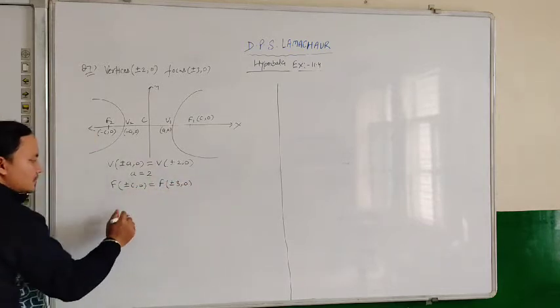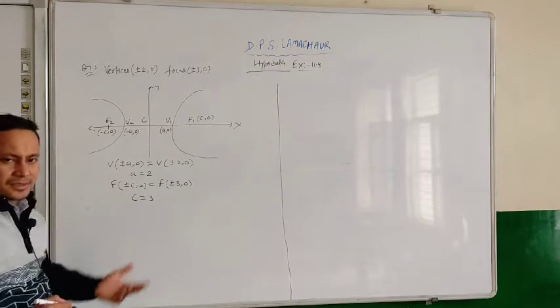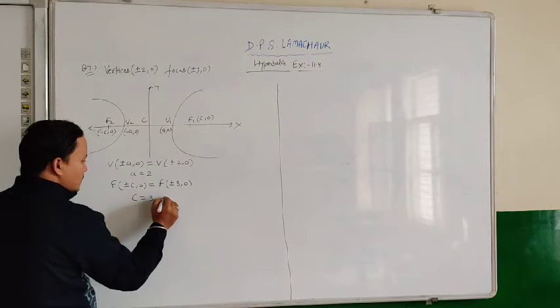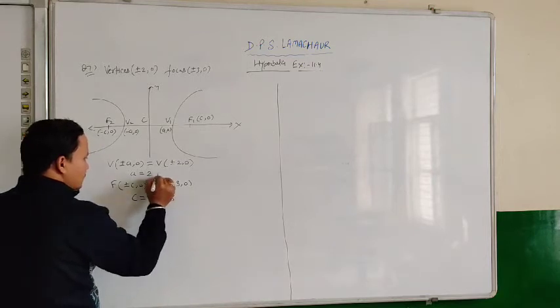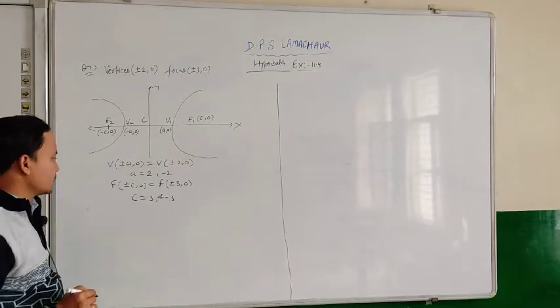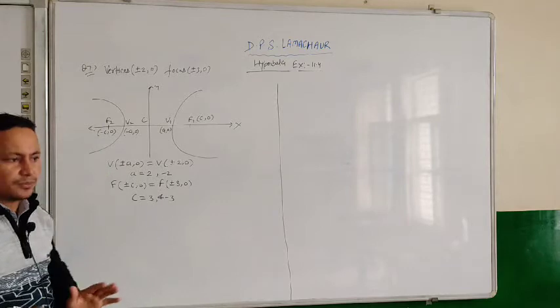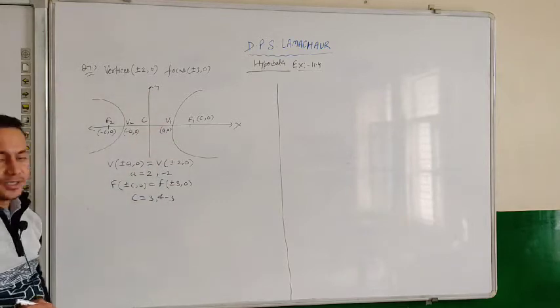So on comparing we get the value of c is 3, plus 3 or minus 3, both you can say. Similarly for the vertex, 2 and minus 2. What we need to find out here is the value of b, so that we can find the equation of hyperbola satisfying these given conditions.